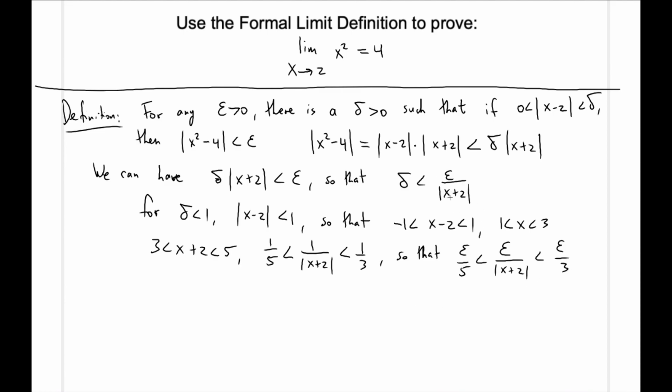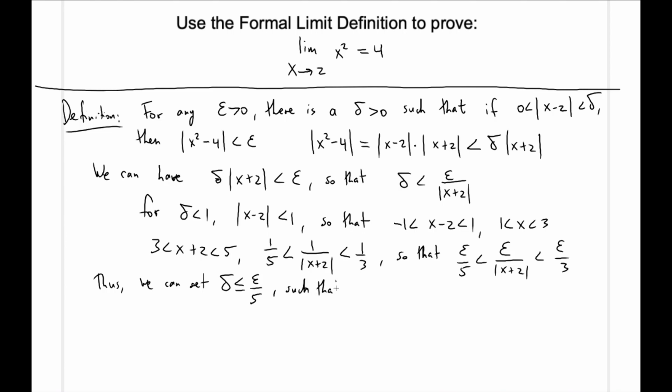Now this leads us to conclude that we can find the constant that we were trying to derive. So we can set delta to be less than or equal to epsilon over 5. Because if delta is less than epsilon divided by the absolute value of x plus 2, then it's possible to set delta equal to or less than epsilon over 5.